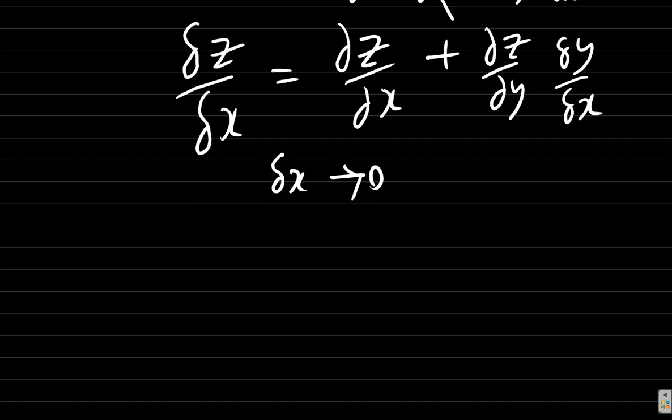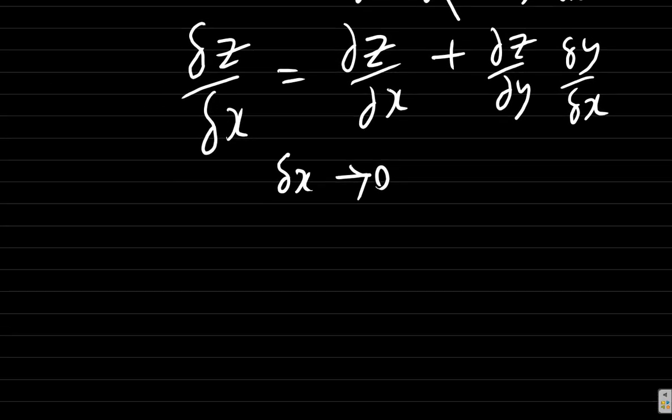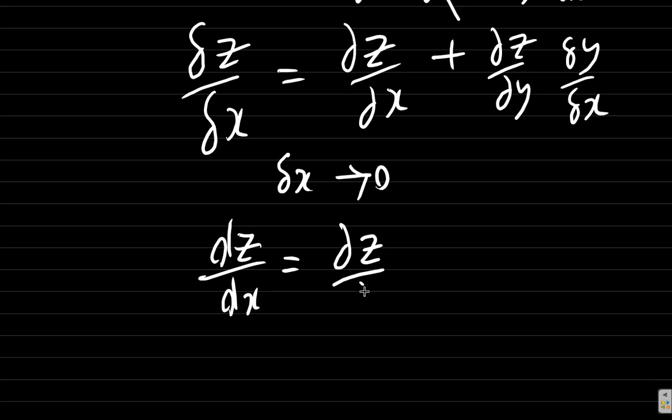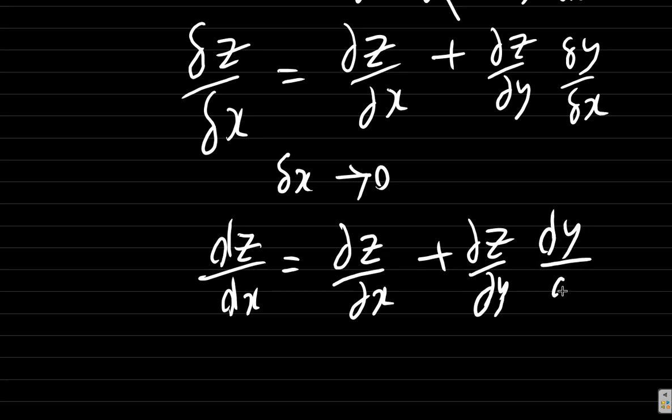Right? So when these small changes tend to 0, then dz by dx is equal to, remember, the delta here now is not a small change, it's partial derivative. Partial of z with respect to x plus partial of z with respect to y times dy by dx.